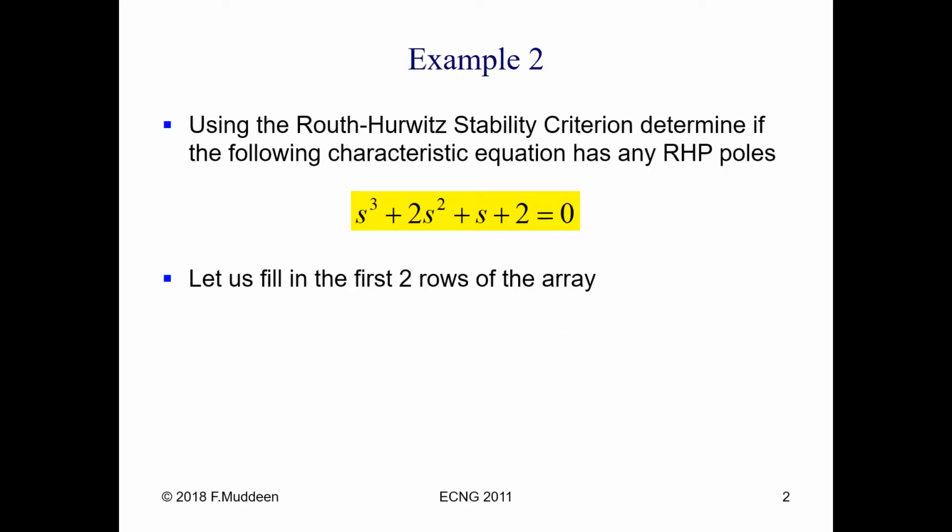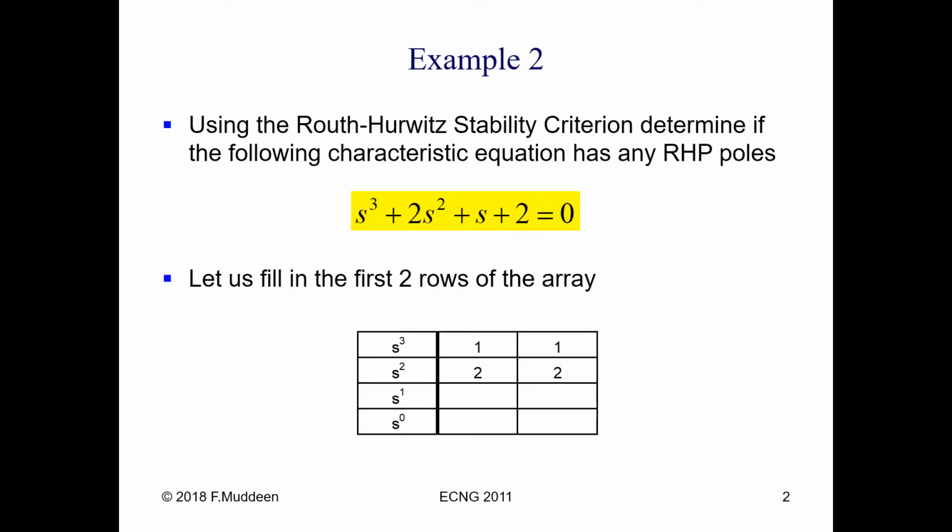So if we have this example S equation here being our characteristic equation, as we saw from the last lecture, our characteristic equation will be the denominator of the transfer function and we equate this to 0. We can then fill out the Routh-Hurwitz table accordingly by extracting the first two rows from this characteristic equation.